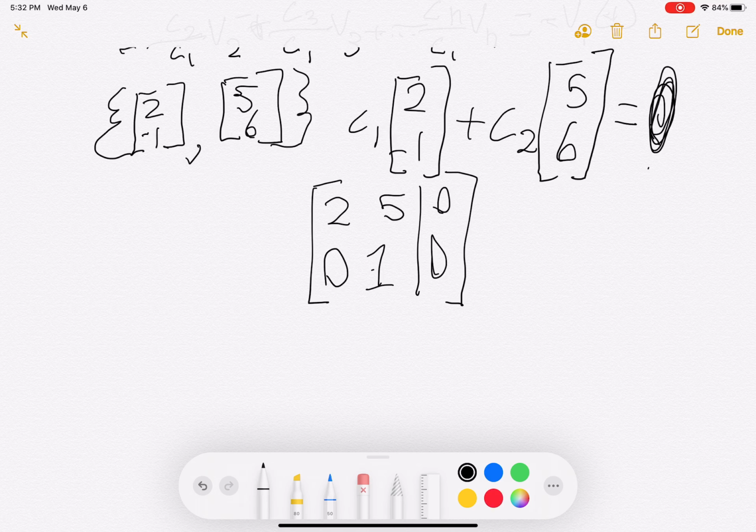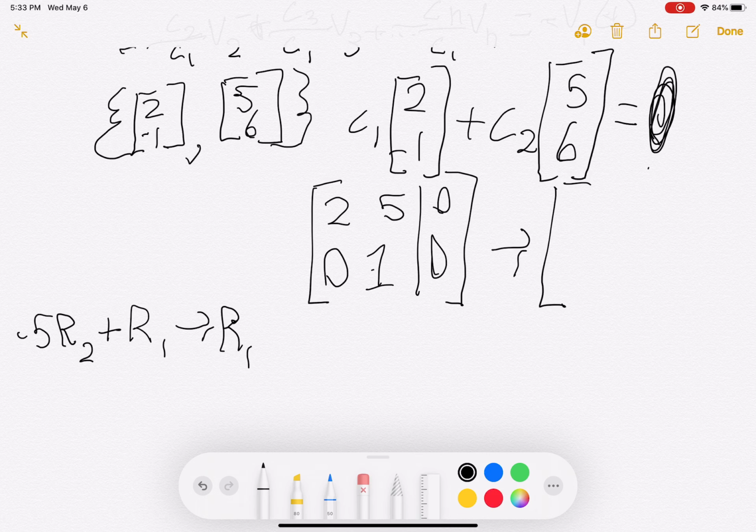Now we can convert this into a 0 as well. This is relatively simple. We can just multiply the second row by negative 5 and sum the two rows. So negative 5 times row 2 plus row 1, and the changes are directed towards row 1, my bad. This row remains unchanged.